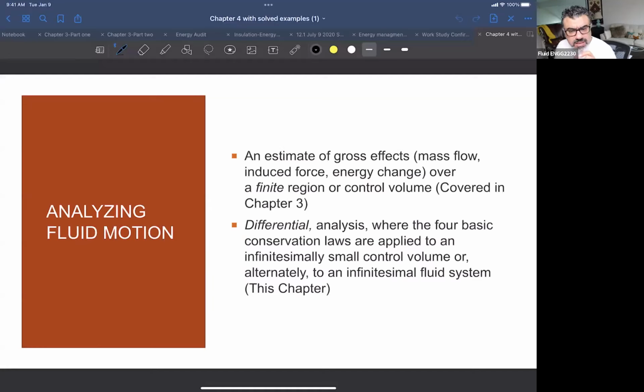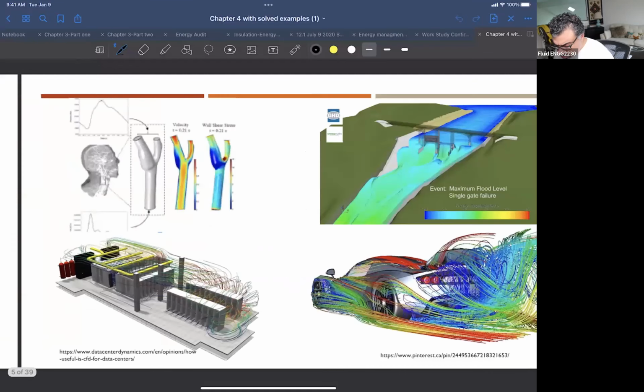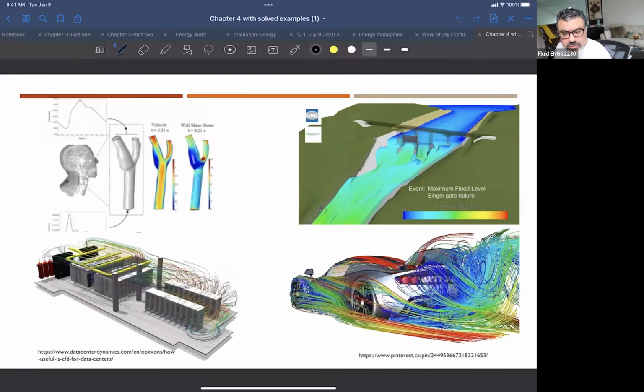We do this type of analysis, the differential form, to get more detailed information about fluid velocity at every single point in the flow field. For example, sometimes we need to design the hydrodynamic or aerodynamic shape of a car, or of a water turbine, or even look into erosion in rivers and dams.